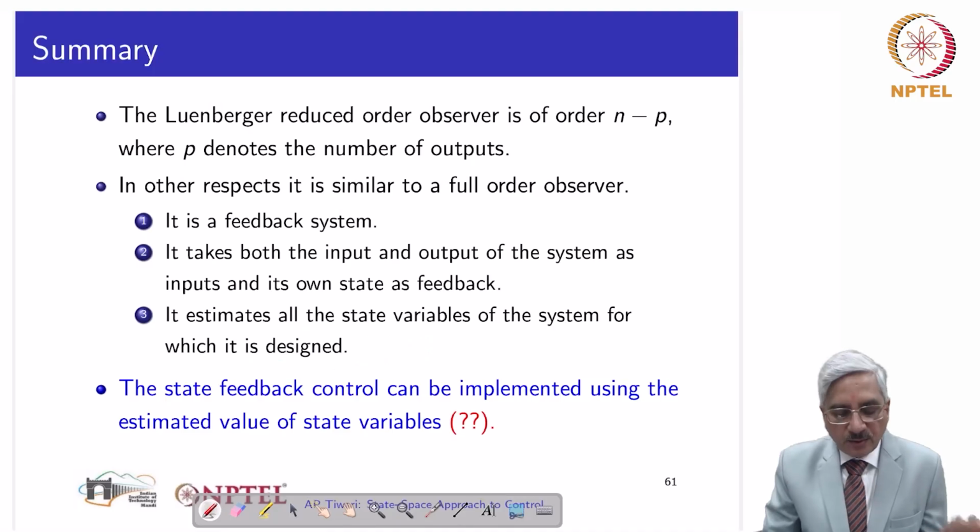And again, we postulate, but we will show later in a subsequent lecture when we discuss the separation principle, that the state feedback control can be implemented using the estimated value of the state variables. This will happen.